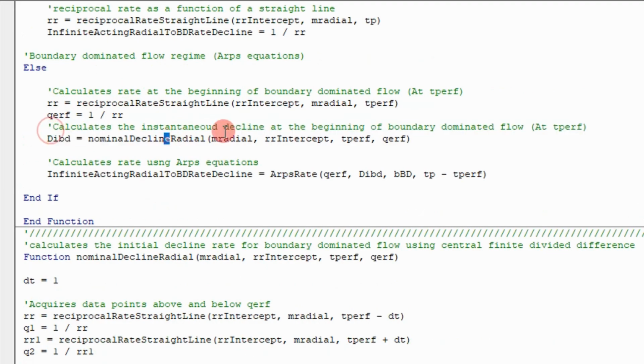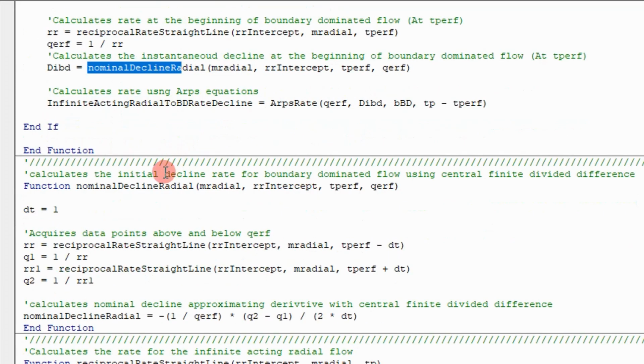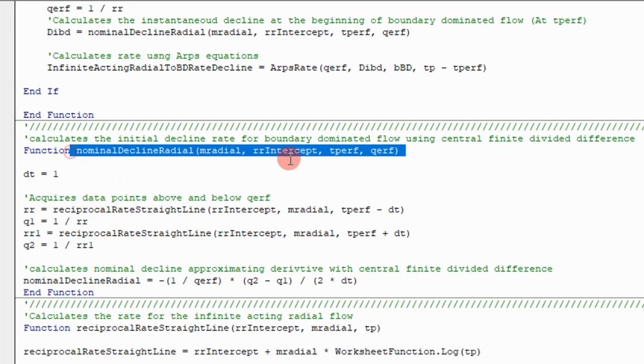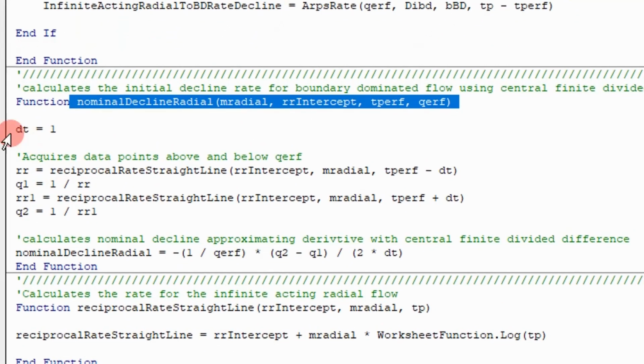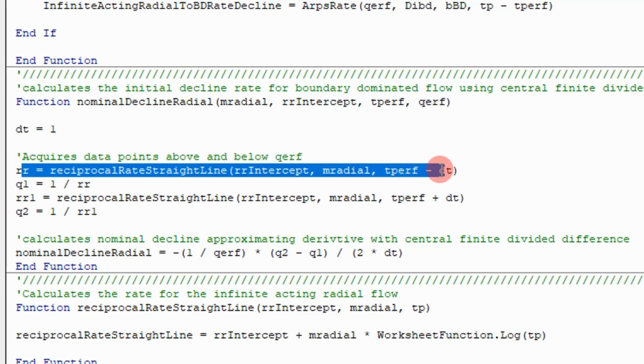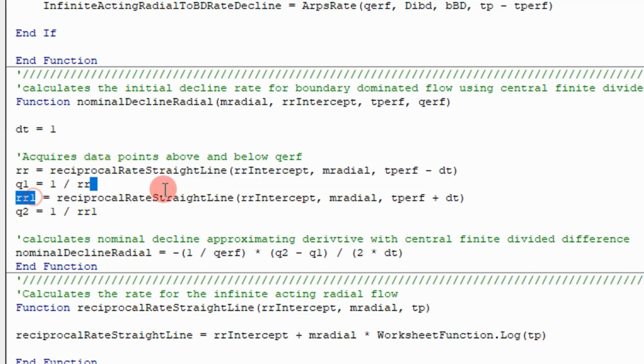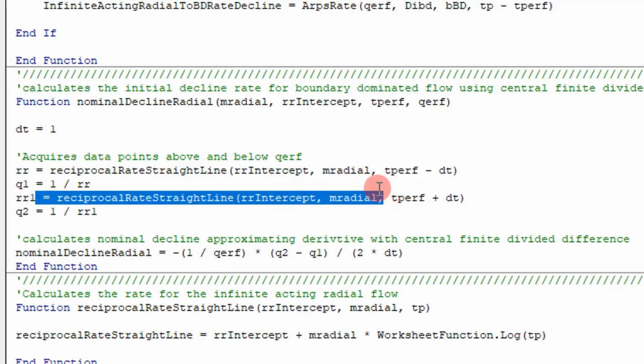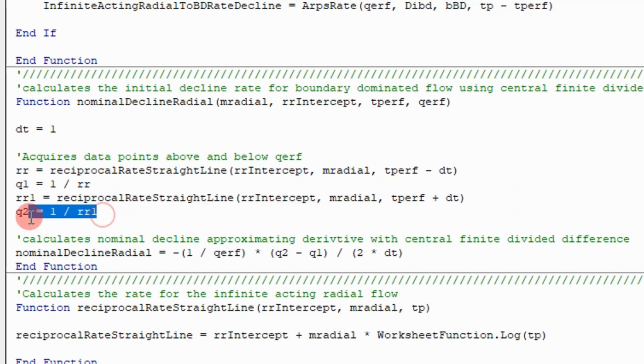So I go to my nominal decline radial flow function right here. And what I'm doing is straddling that point by plus and minus a delta of 1. I calculate the reciprocal rate one step back in time, and then I calculate the reciprocal rate one step ahead of time, and then I take the reciprocal of that to get rate.